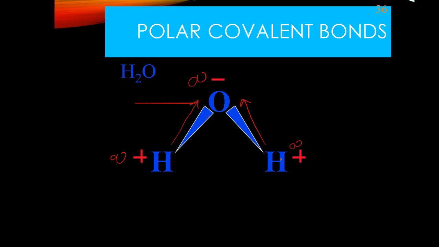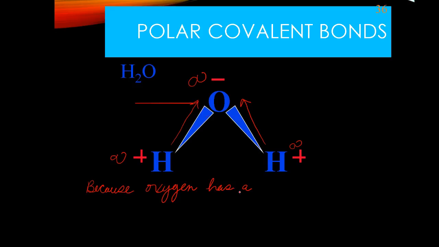So if a question were asked, why is water a polar molecule, we could say because oxygen has a higher electronegativity value than hydrogen. Think about it. Look at where oxygen is located in the table. It's on the far right.